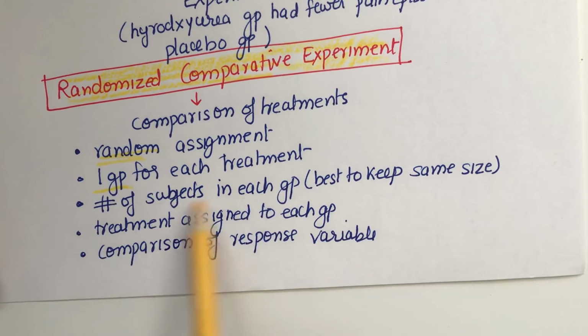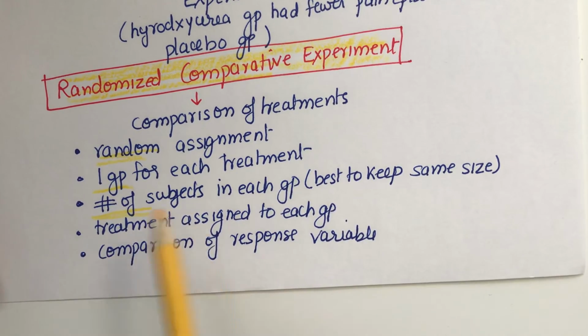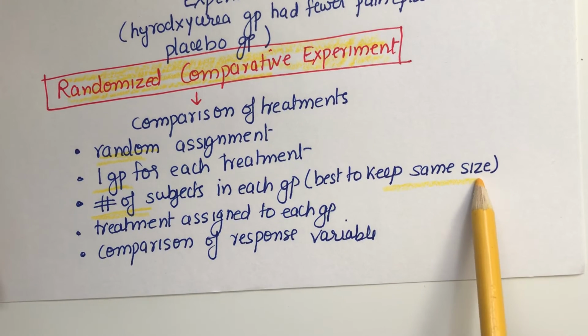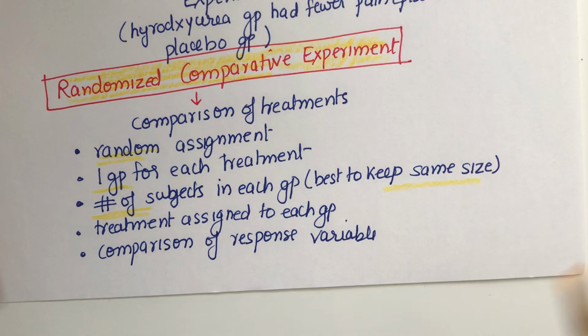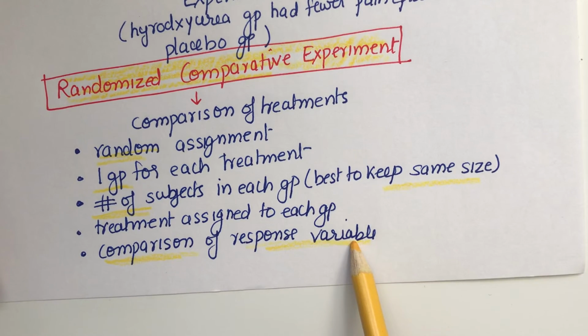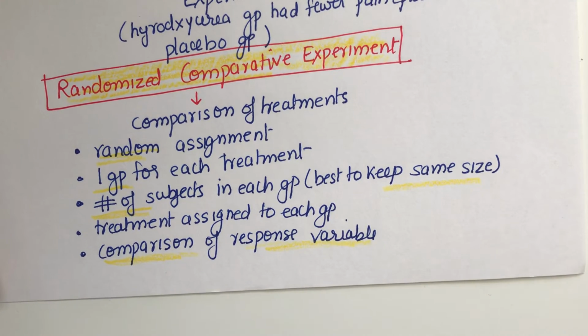Then keep the number of subjects in each group the same size and as similar as possible so that your result does not have variation in it. Then assign the treatment to each group, and compare the response variable, whatever you're trying to check.